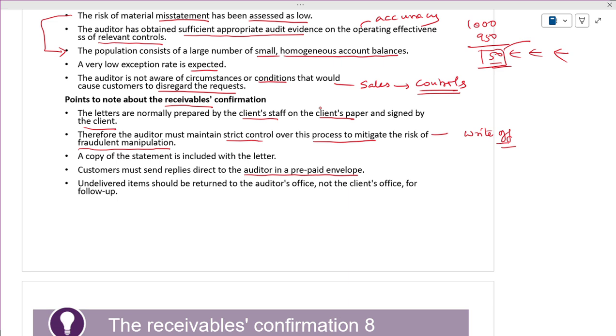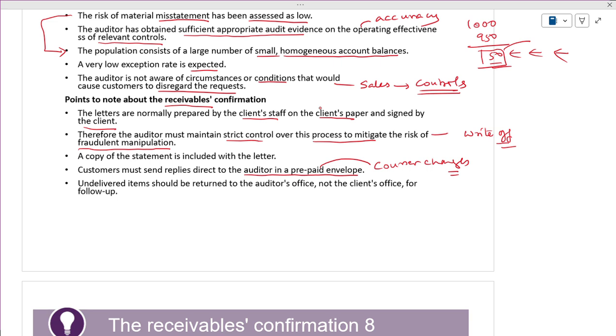For most of us, this is a very new thing. But when you are sending a request to the customers, you will pay the courier charges also, on behalf of the customer, in advance.